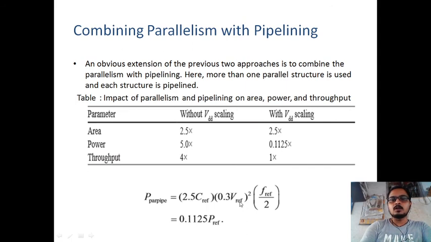That is 2.25 times 0.3 V reference whole square by F reference by 2. When you reduce the voltage, the frequency also decreases. Solving this equation, we get 0.1125 P reference. The power dissipation is decreased almost 90% when you use this concept, combining parallelism with pipelining.